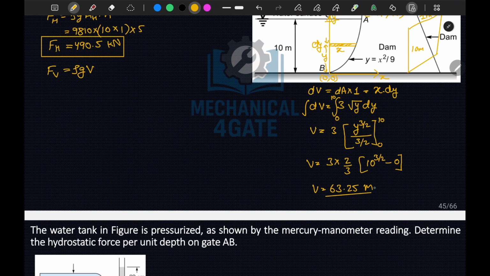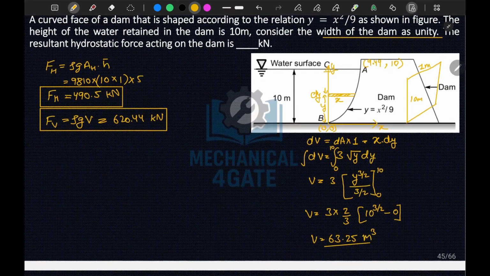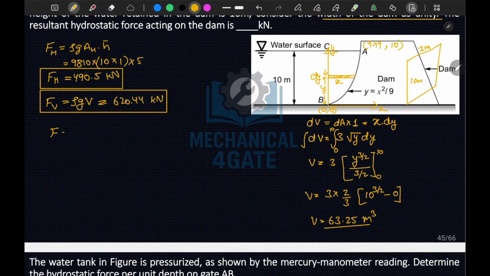Now if I substitute this value here, into 9.81, I will get 620.44 kilonewton. Okay, so this is your FV. Now what is asked is simple, that is your resultant hydrostatic force. So F is equal to square root of FH square plus FV square.